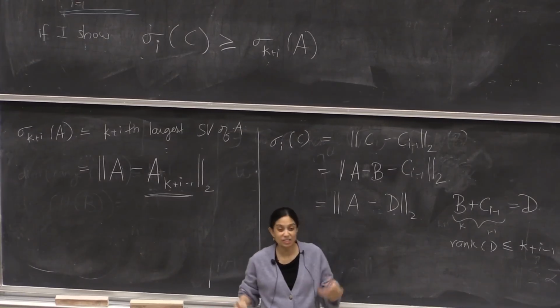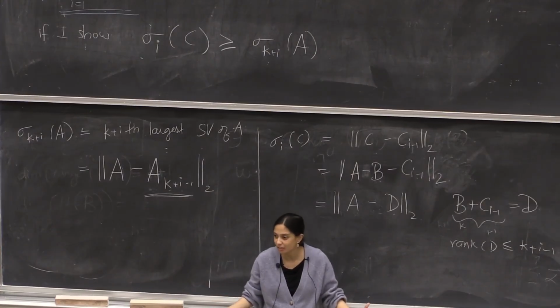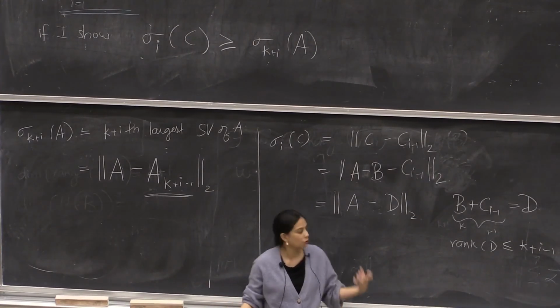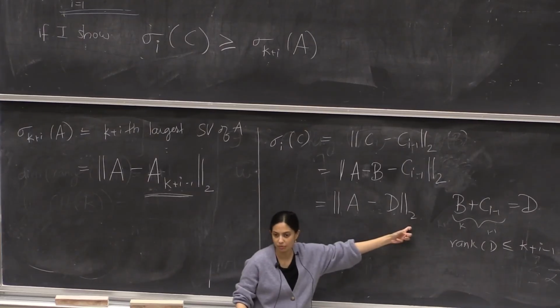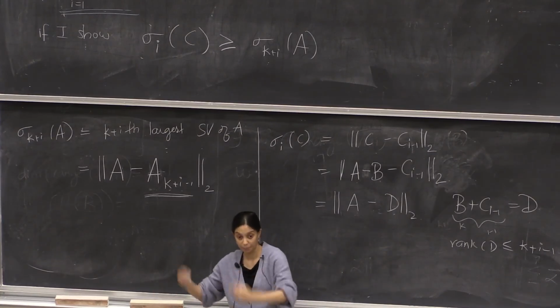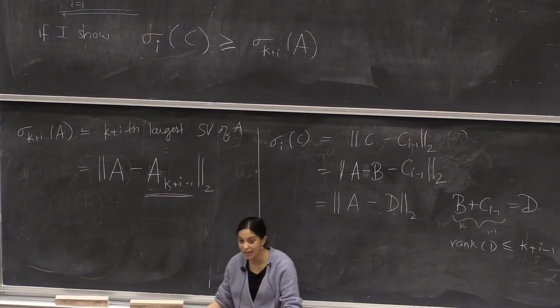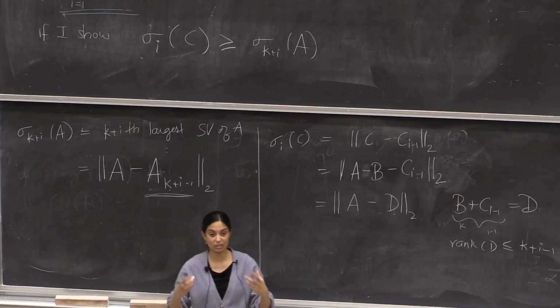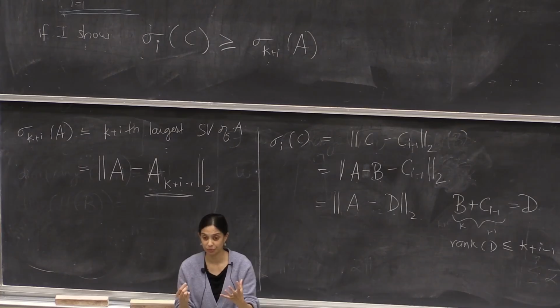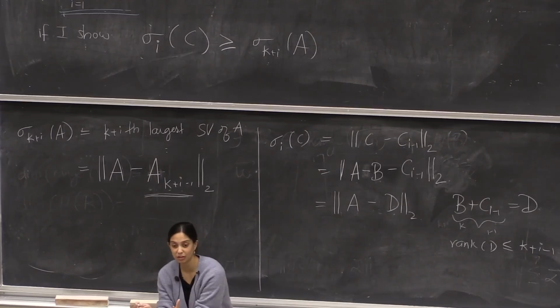What is the best rank k plus i minus 1 approximation? Have we done this kind of thing before? We're looking at the 2 norm of this, so what are we going to get out? k plus i minus 1 plus 1 gives me k plus i. What is the best you can do if you have only k plus i minus 1 things to approximate? What's going to be left over?